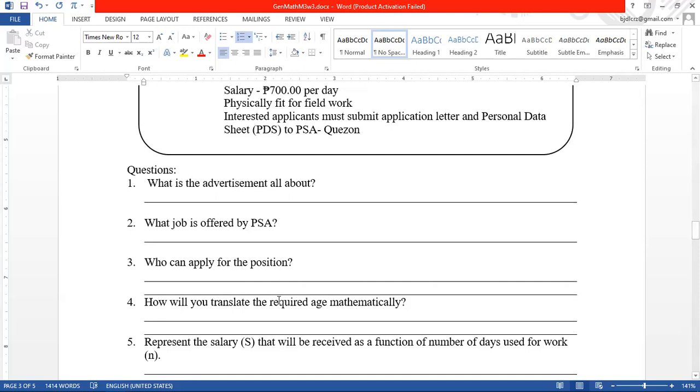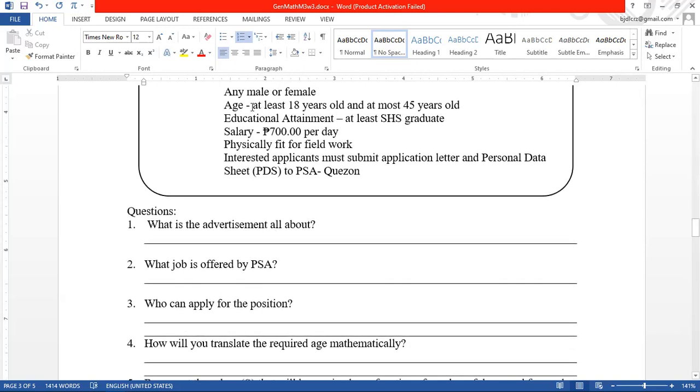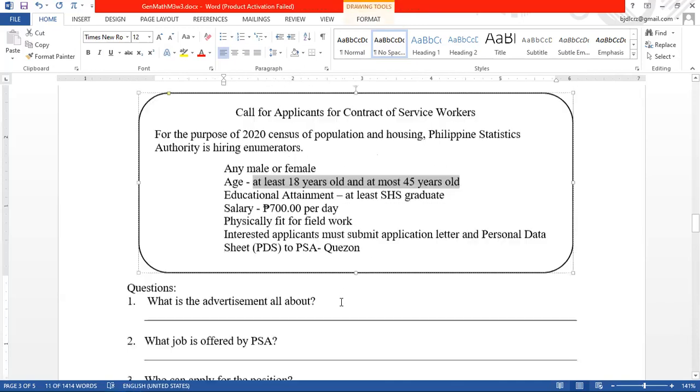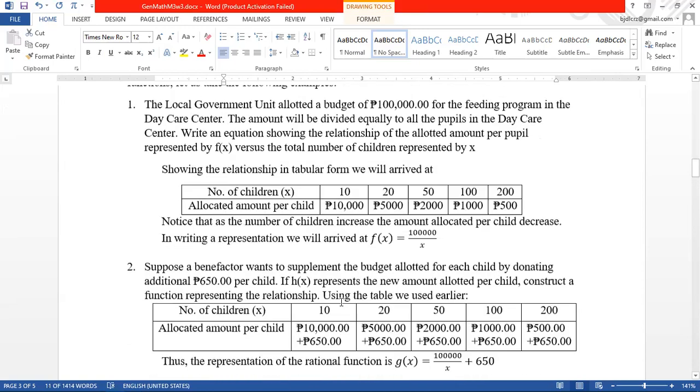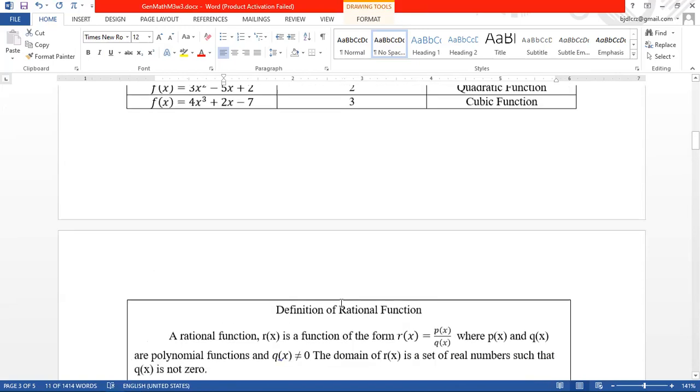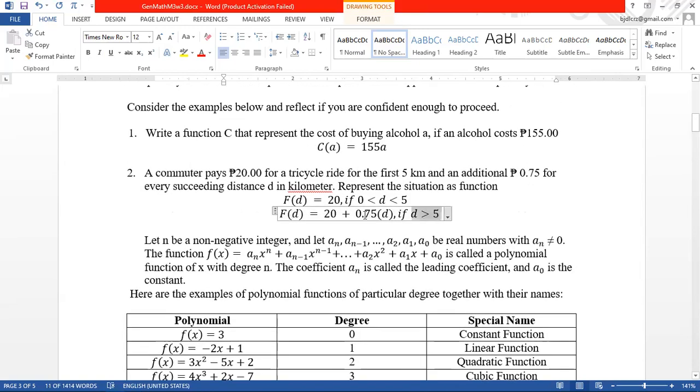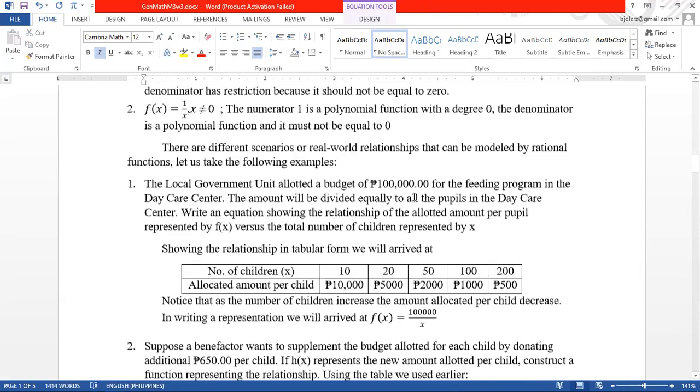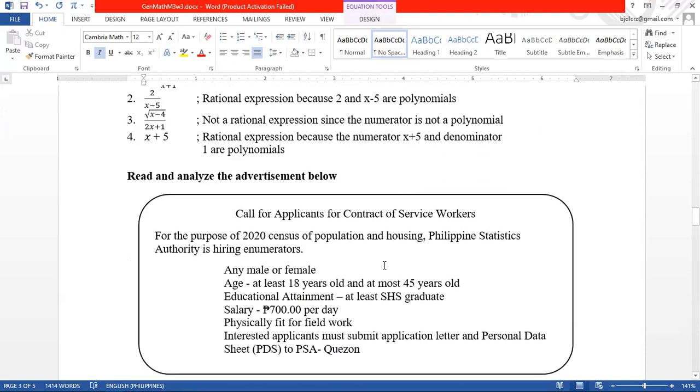Use greater than or less than, that style. The age should be greater than or less than some value. It is already given there: 18 years old and 45 years old.